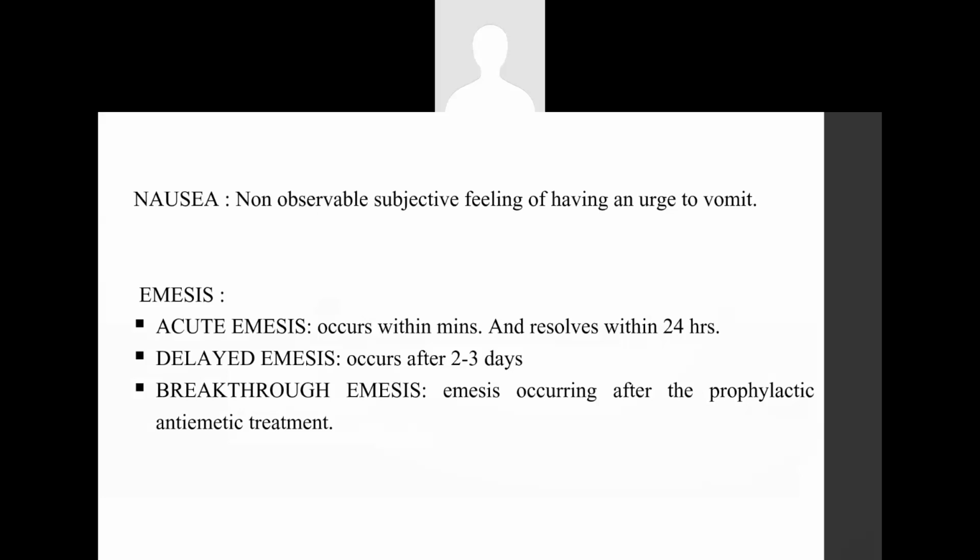intestinal or stomach contents outside the body through the mouth. It may be an acute emesis that occurs within minutes and resolves within 24 hours, or it may be delayed up to 2 to 3 days, or it may be breakthrough emesis, which occurs after prophylaxis with anti-emetic treatment, so it is also called intermittent emesis.